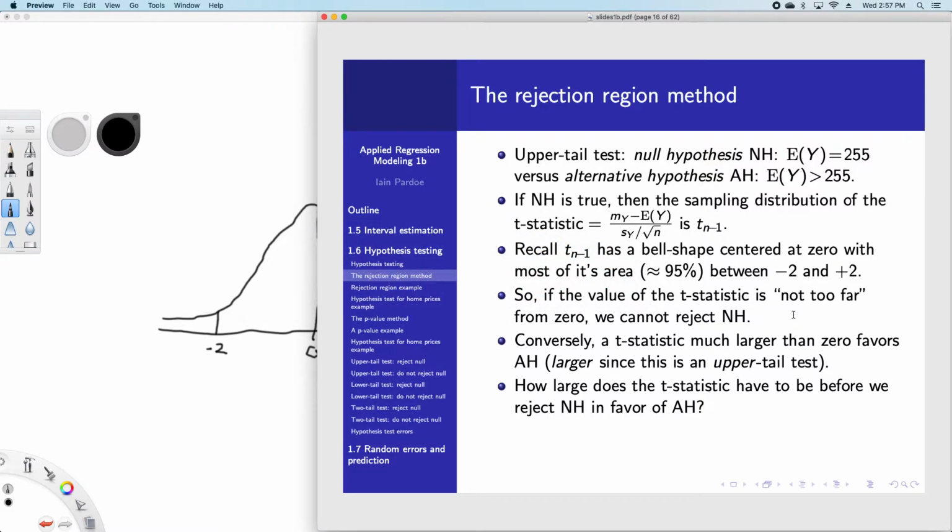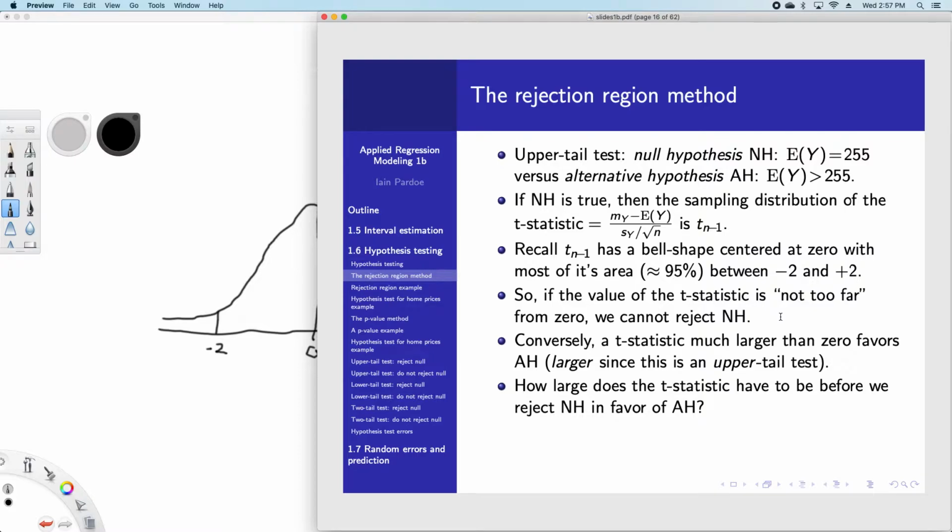So the intuition behind a hypothesis test, and here we're using something called a rejection region method. In the next video I'll talk about a p-value method, but we'll do the rejection region method here. The idea is that if the t-statistic that we have from our sample, because in our sample we can calculate this, is not too far from 0, then we can't reject the null hypothesis.